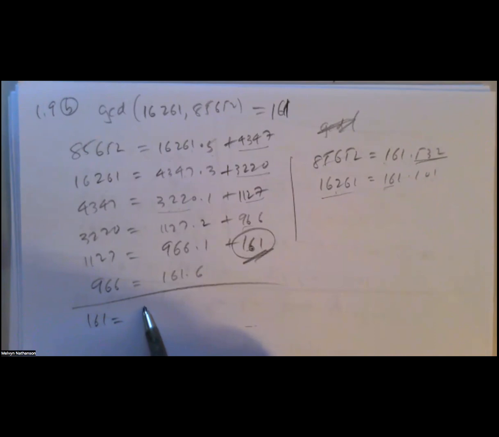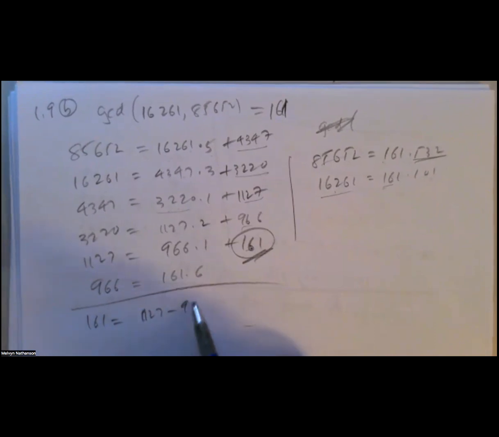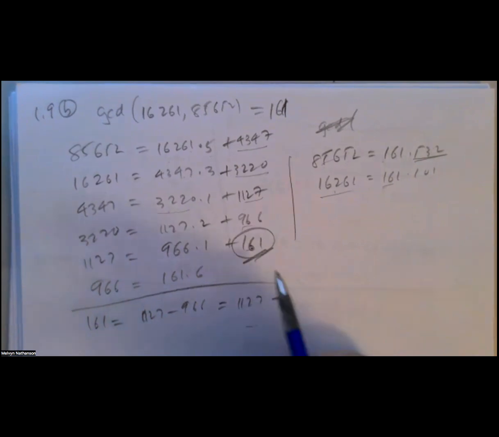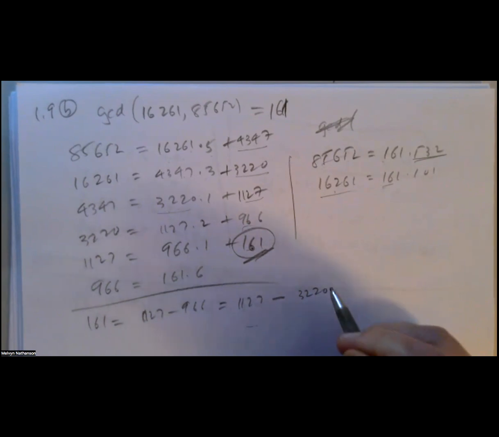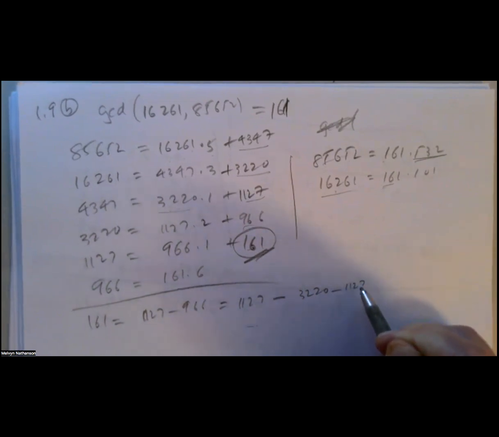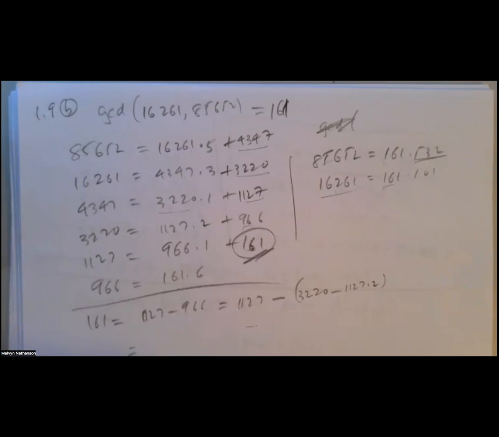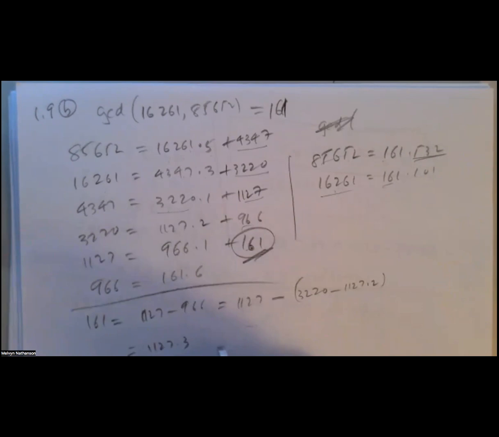You would say 161 is 1127 minus 966. That's 1127 minus, and what is 966? 3220 minus 1127 times 2. So this is 1127 times 3 minus 3220.